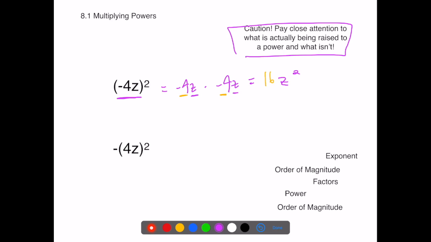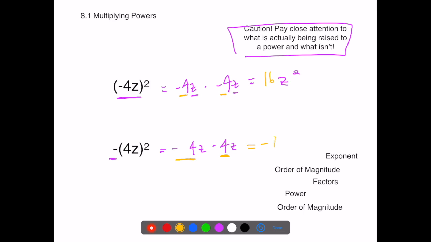Okay? And let's contrast that with what's happening on this bottom one. Notice on this bottom one, what's different is that the negative is outside. The negative is not being raised to the second power. So in this case, you just have this negative out there, and then you have 4z times 4z. You can think of it two ways: you have a negative 4 times a 4, or you have 4 times 4, but then you have to make it negative.